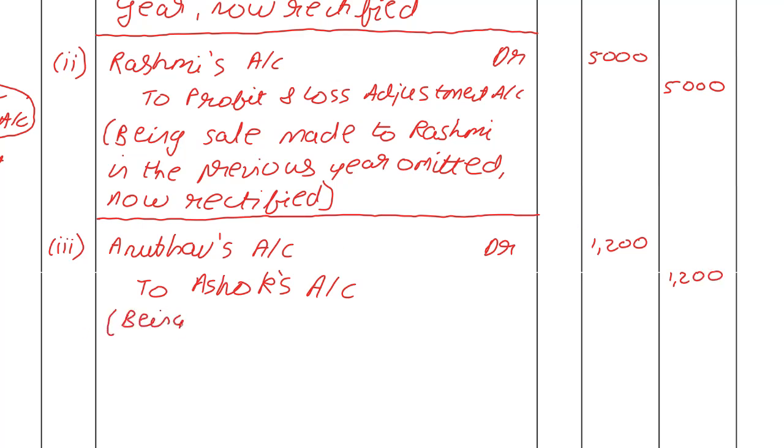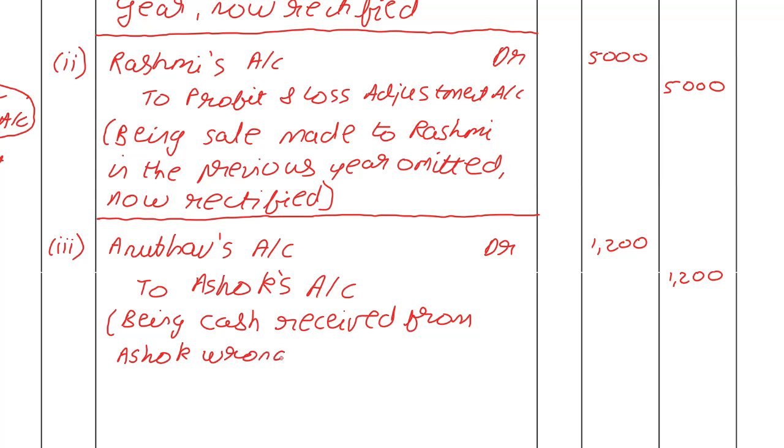Being cash received from Ashok, wrongly credited to Anubhav's account.